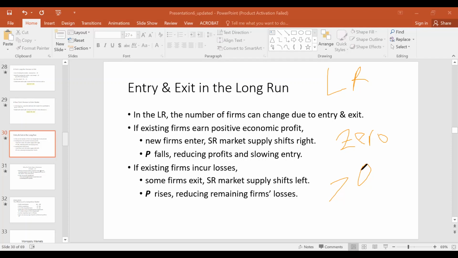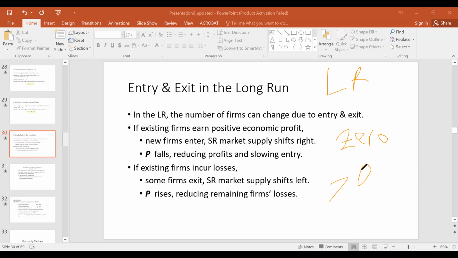Let me take that again. Case 1: in the long run, these firms in a competitive market only make zero profit. Why? Assuming they were making a positive profit in the short run, it will attract potential firms to enter the market and compete the profit away to zero.